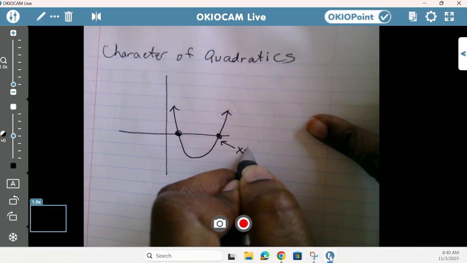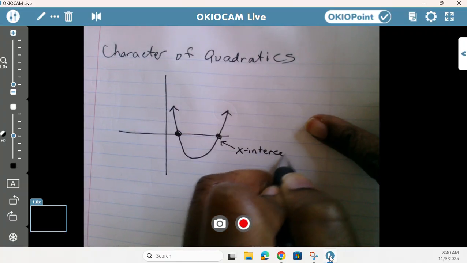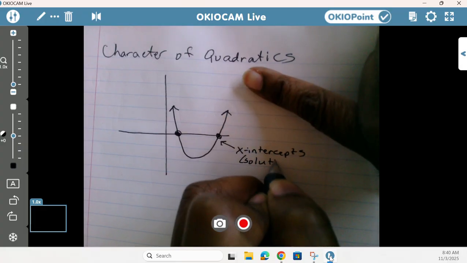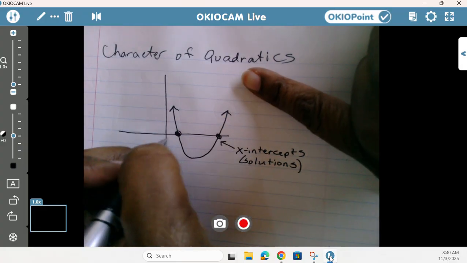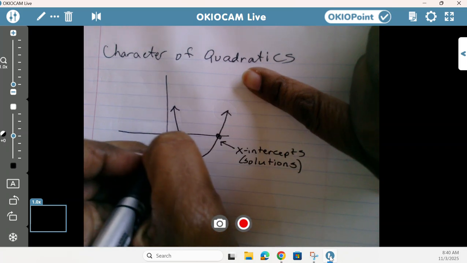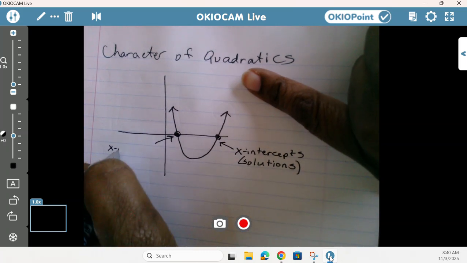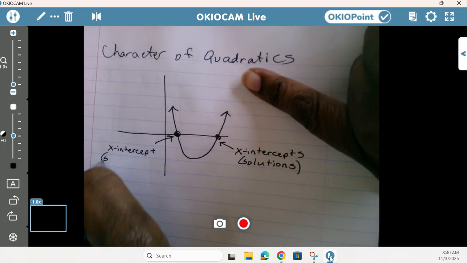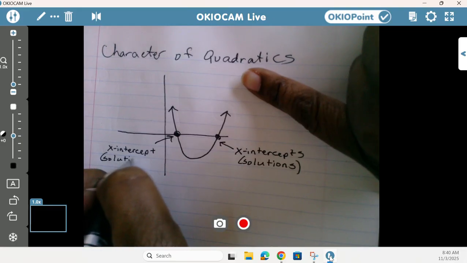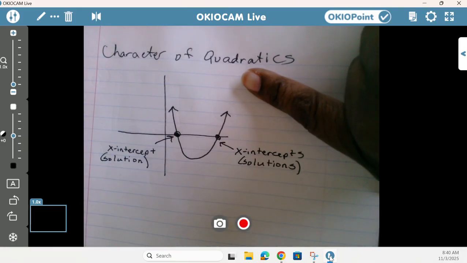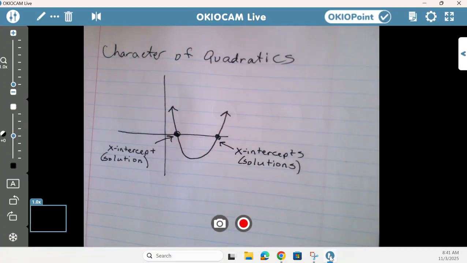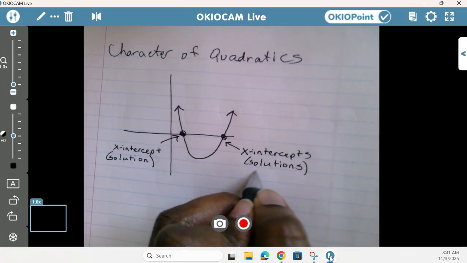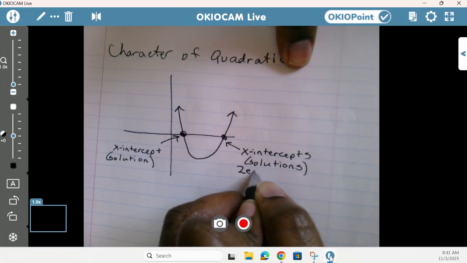These x-intercepts are the solutions to the graph. This is another x-intercept. It is a solution to the graph. These solutions are called the zeros.